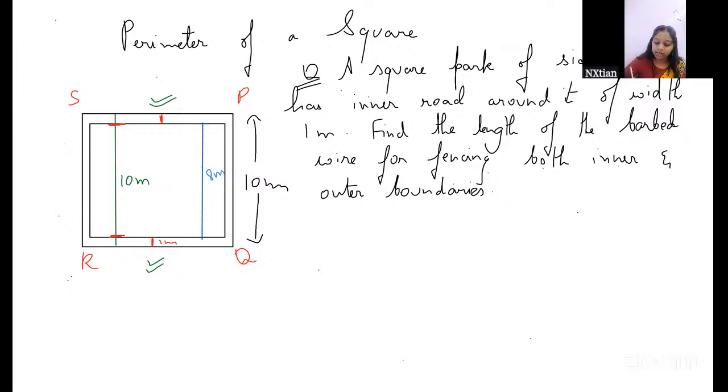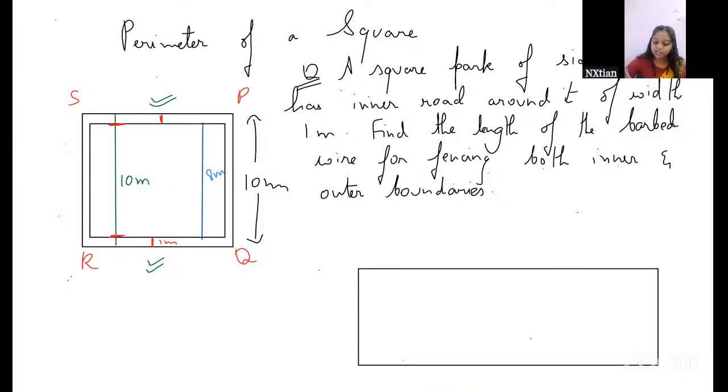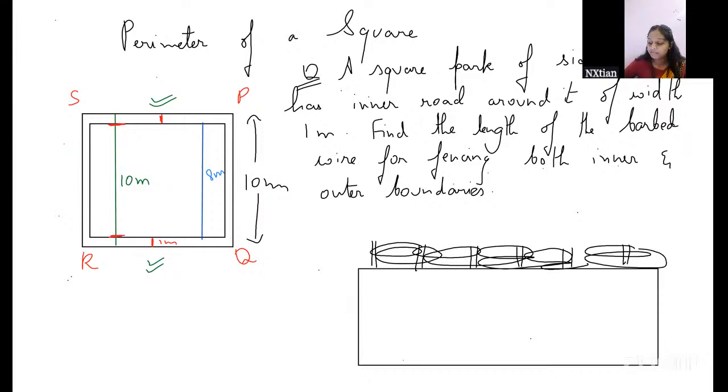Okay, so Abraham, barbed wire. This is my wall. If you have seen, sometimes poles are placed on the wall like this, and barbed wire is wrapped like this. So that barbed wire can be above the wall also.